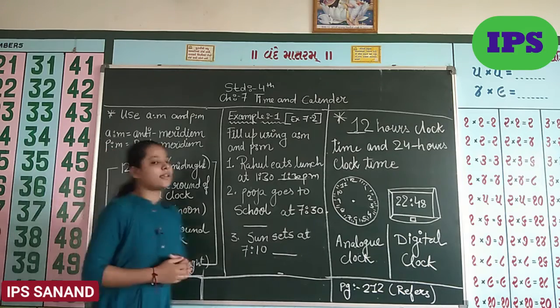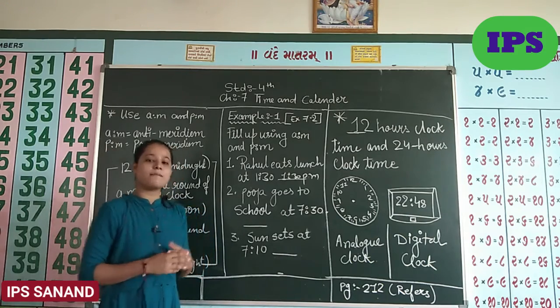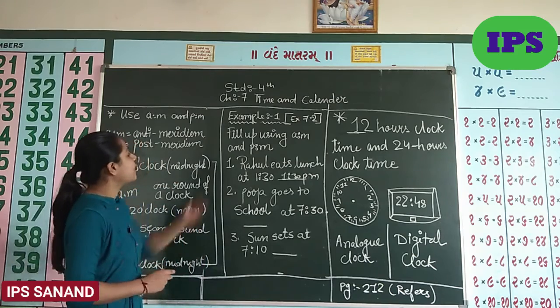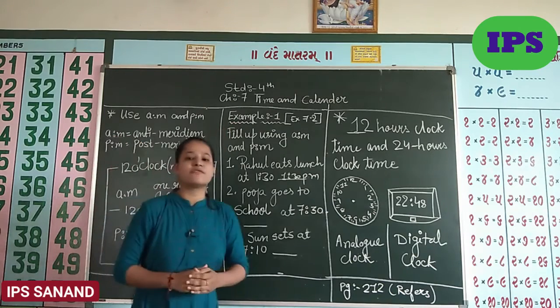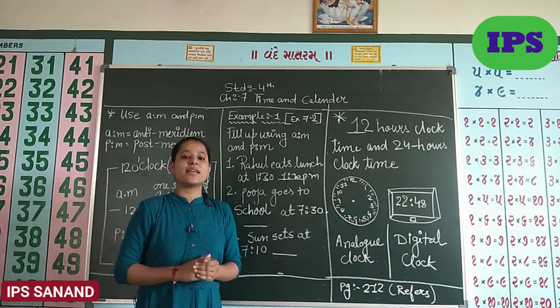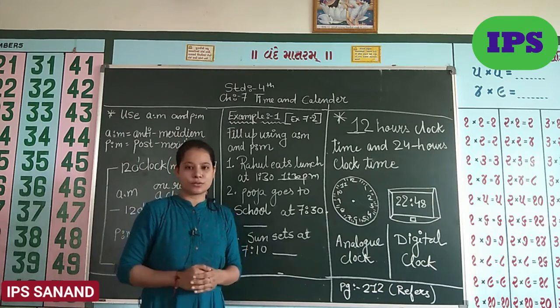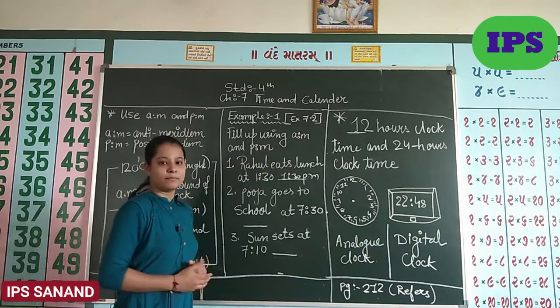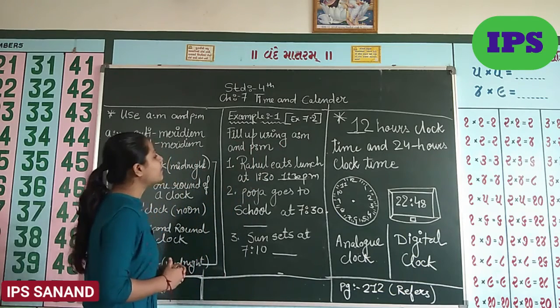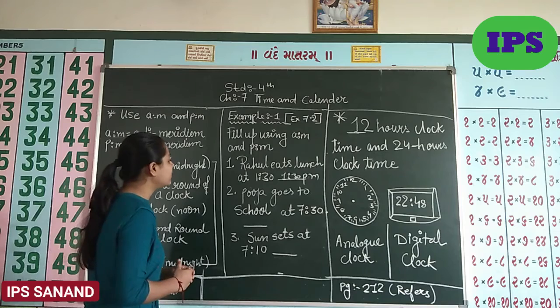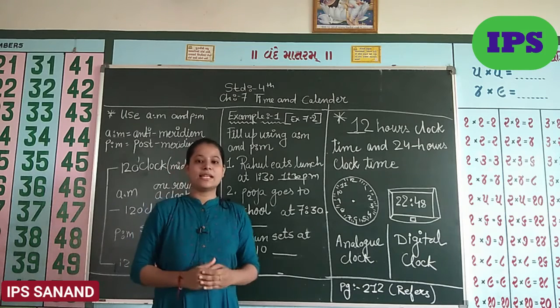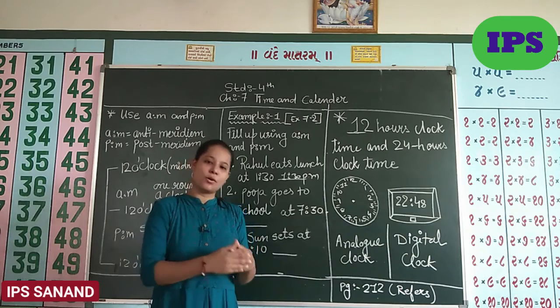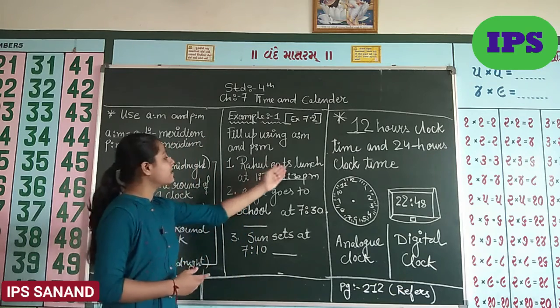Okay, so let's take examples for AM and PM. Example number 1, you can also refer to the textbook, exercise 7.2. Fill in the blanks using AM and PM. First, Rahul eats lunch at 1:30. When Rahul comes home after school, he eats his lunch.